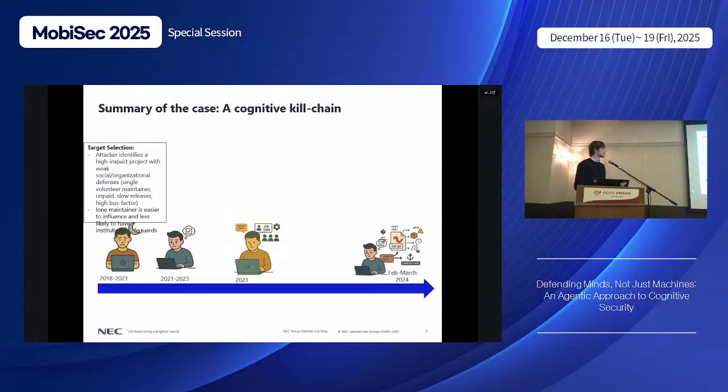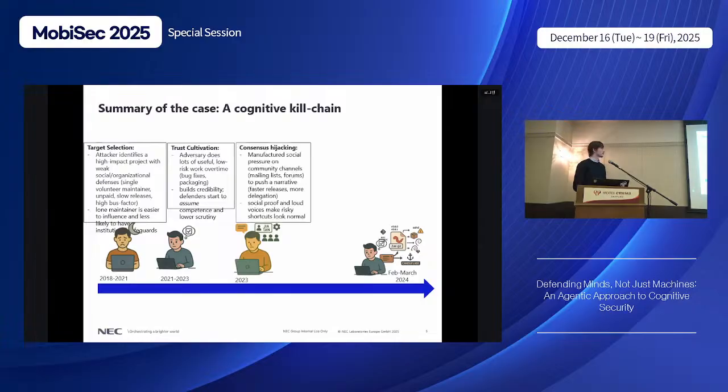It was maintained by one single person in their free time, as I said. So very vulnerable. So they started to build trust between 2021 and 2023, doing the unglamorous tasks, doing boring jobs, building credibility and gaining trust.